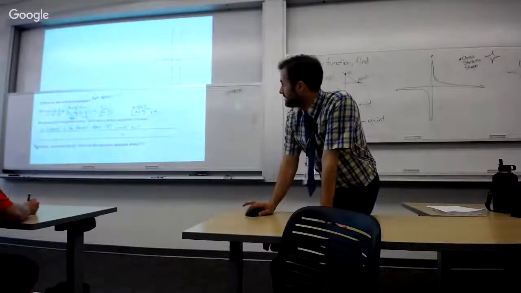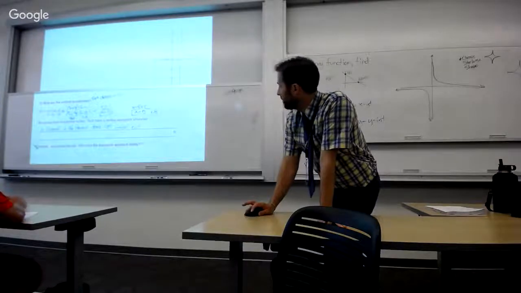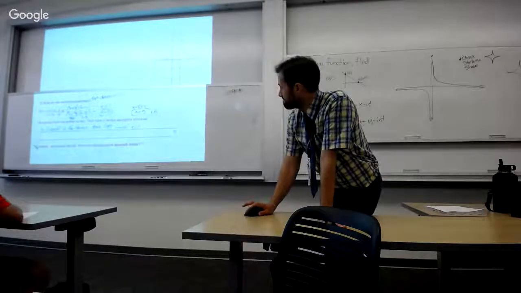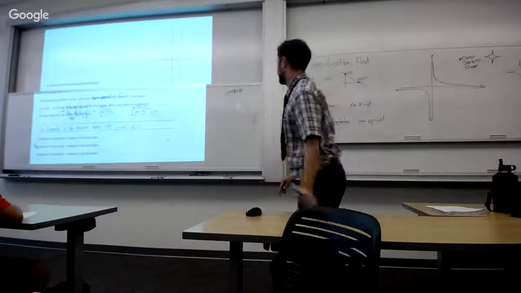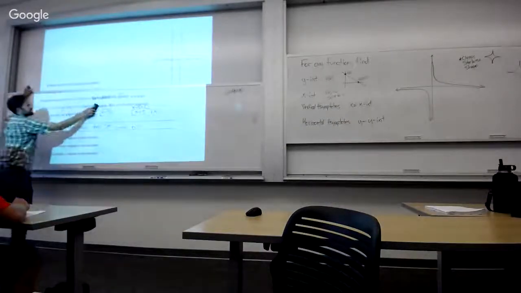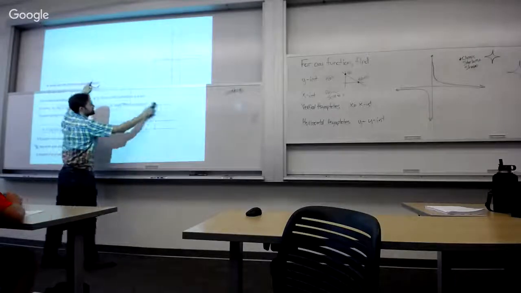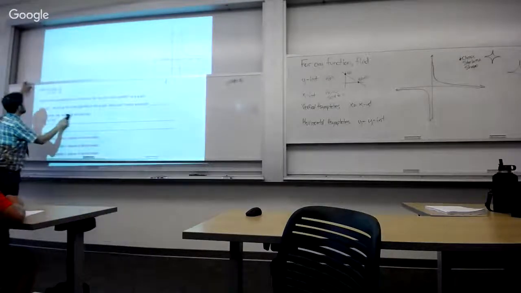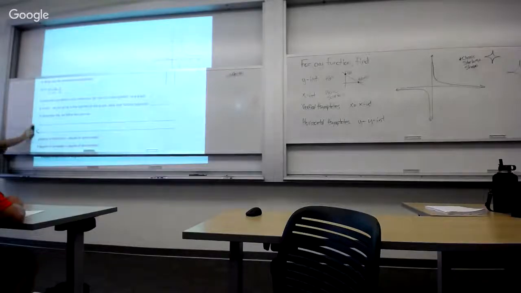The last feature for us to consider is a horizontal asymptote. And a horizontal asymptote is slightly different in terms of a chain of reasoning and how to think about it. A horizontal asymptote occurs when you go very far to the right or left.